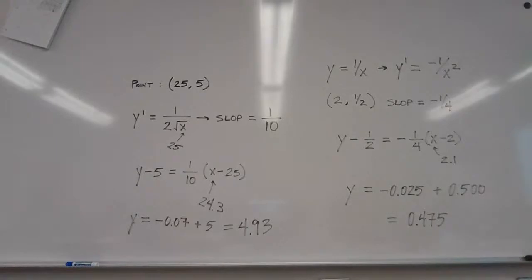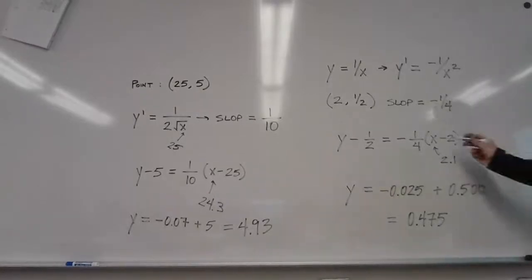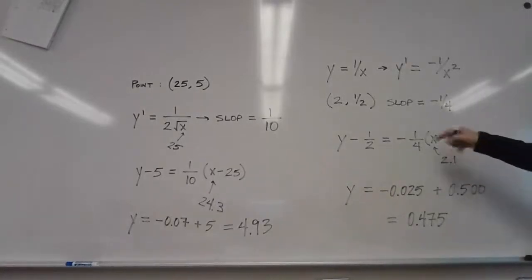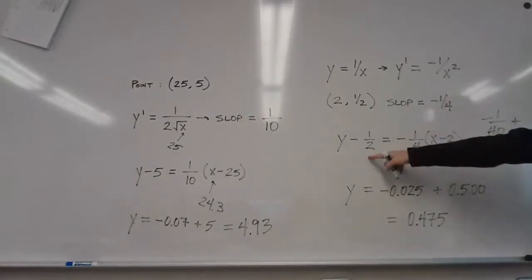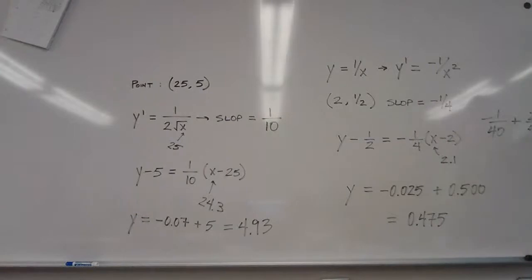You okay with that? You can do it with fractions. So you called this a tenth times negative a quarter, so negative a 40th plus a half is 19/40ths.